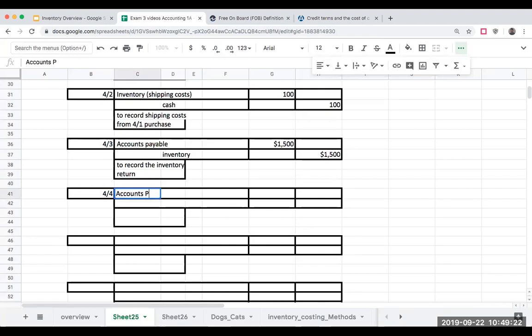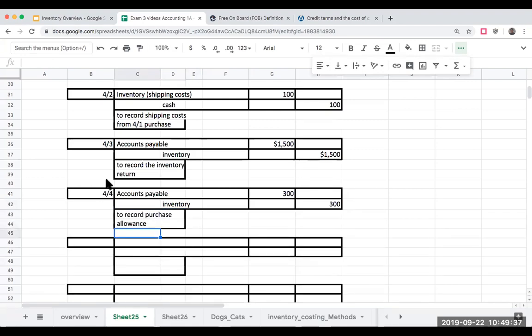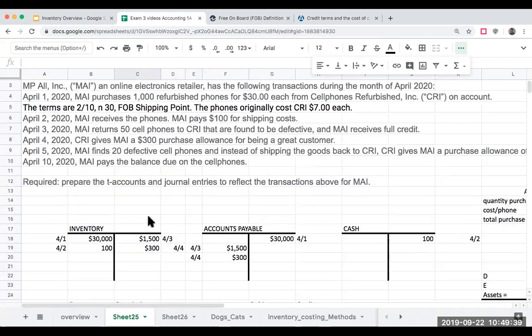I'm debiting accounts payable and crediting inventory for 300 to record the purchase allowance. Very important: when we do this from the seller's perspective a little later, it's going to be totally different. We're going to handle each of these transactions very differently, and we'll go through the reasoning on the sales side.